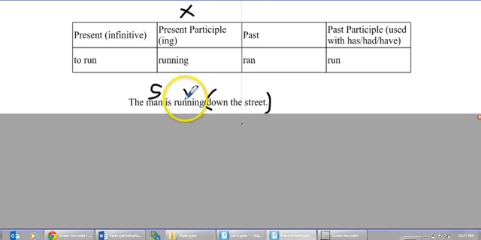Man is running. So if you're going to use the present participle as a verb in a sentence, you will need a helper. Some would argue that this is not a helping verb. I'm going to label it a helping verb. But some would argue, hey, that's not a helping verb. It's a linking verb. And running is a PA.